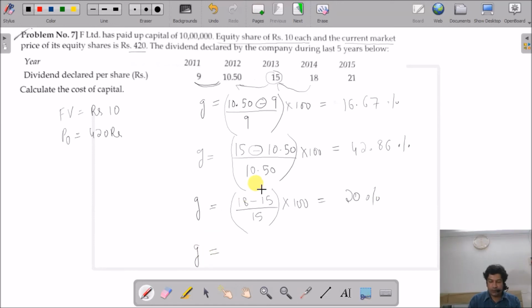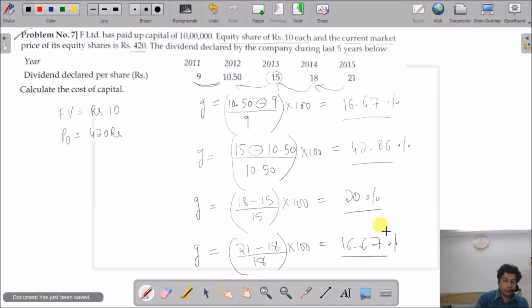Again we need to find the growth rate. So it will be 21 minus 18 divide by 18, and this we are going to multiply by 100. So 21 minus 18 divided by 18 percentage, so 16.67 is the percentage. So we have got the 4 percentages of the growth.